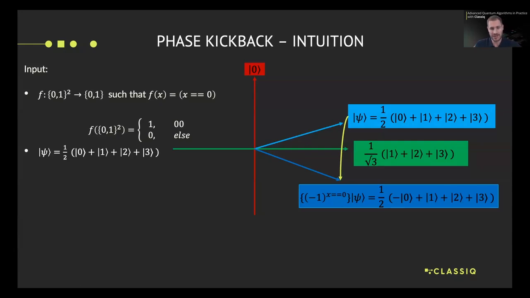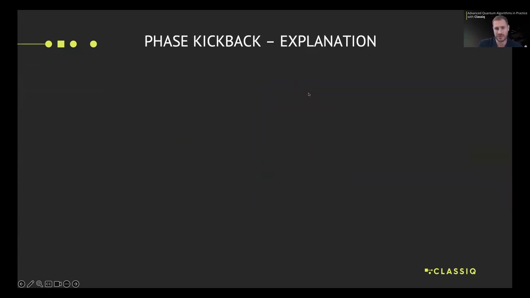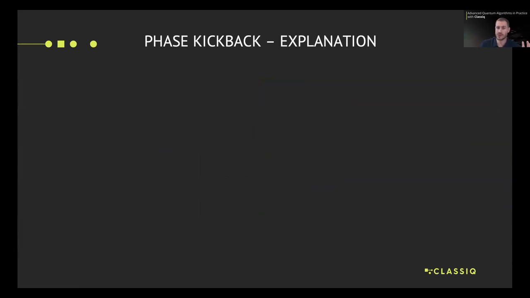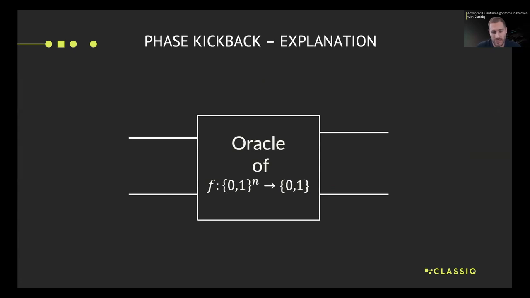So having the phase of minus of a specific value that we want, a desired value, flips it across one of the components of the state vector. Now, in order to understand it, we need to understand also the meaning of an oracle in a quantum algorithm.